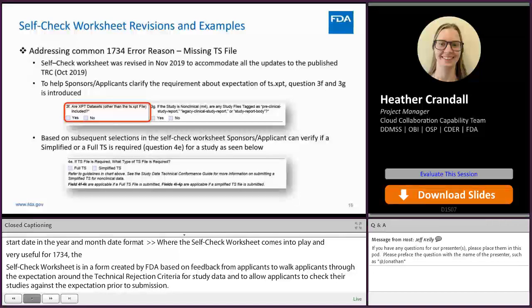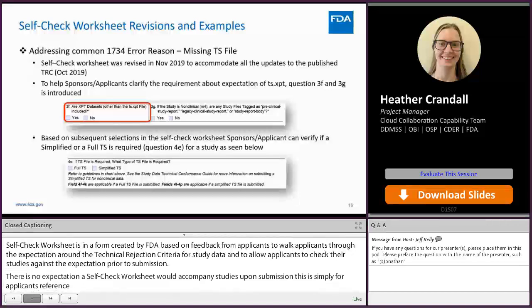So the self-check worksheet has multiple sections, and in the first section, an applicant would fill out general application and study information: are they submitting clinical or non-clinical data, is this tabulation or analysis data, and where that comes into play will be in some of the later areas.